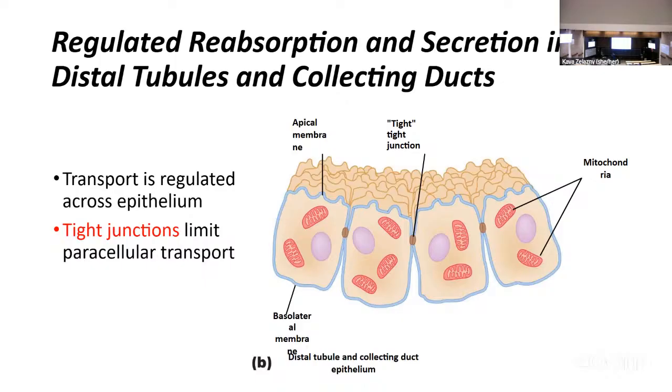But our distal tubules and collecting ducts are also going to be really important for the ultimate concentrations of especially fluid that we see in the urine, and therefore how much fluid, how much water is staying in your bloodstream. Okay. So when we look at the later parts of the nephron, we're going to see regulated transport happening across the epithelial layer, so across the wall of our nephron. Okay. And we're going to see slightly different structures, right?